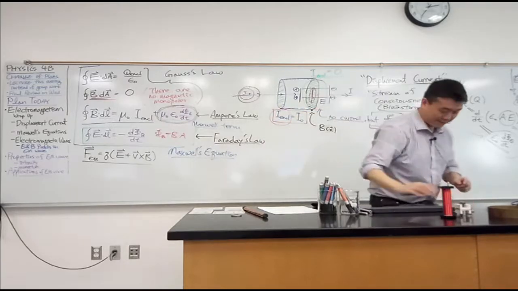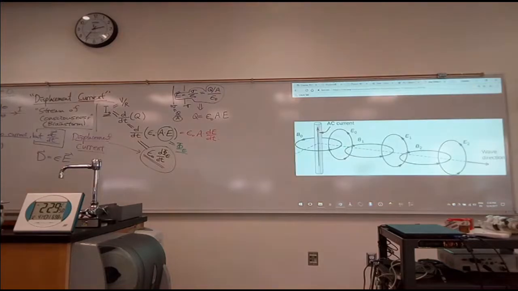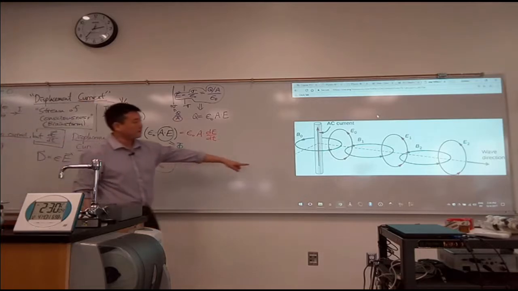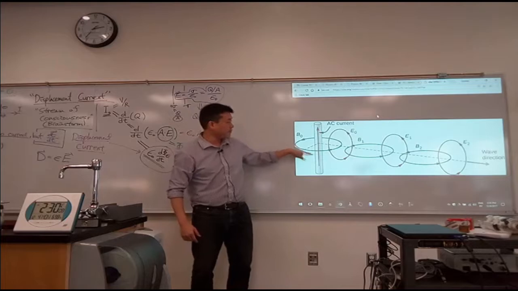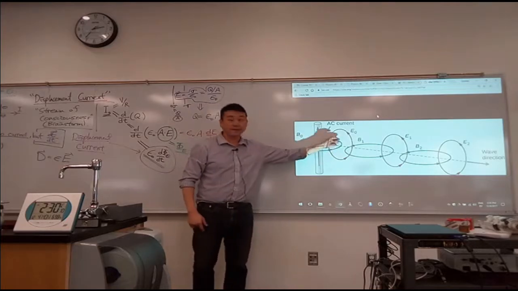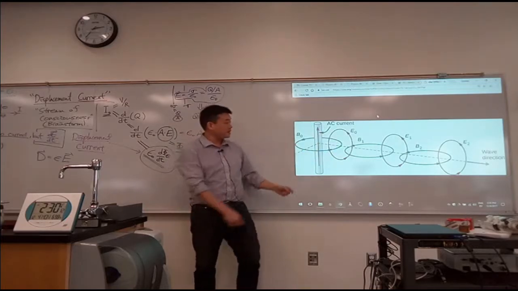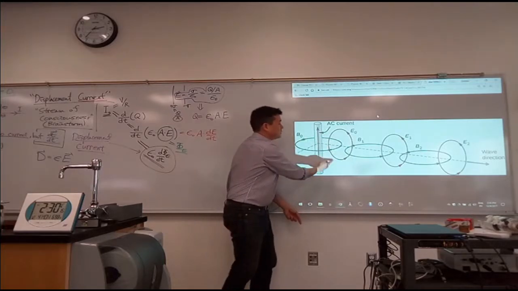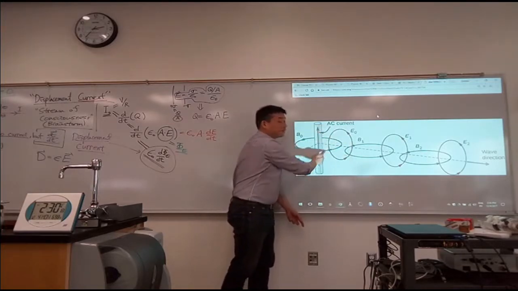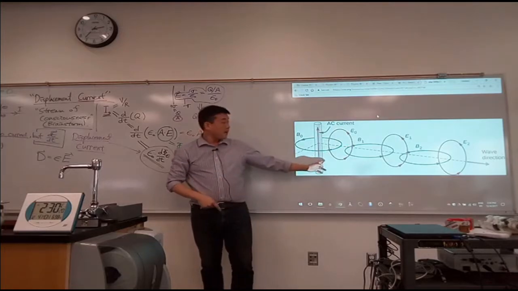So this is the picture I was looking up just before class. So this is the picture that you could have gotten so far. You could have said with a charge moving up and down, that generates magnetic field going around in a loop like this. And based on this magnetic field changing, you could say that generates this electric field going like this, right?